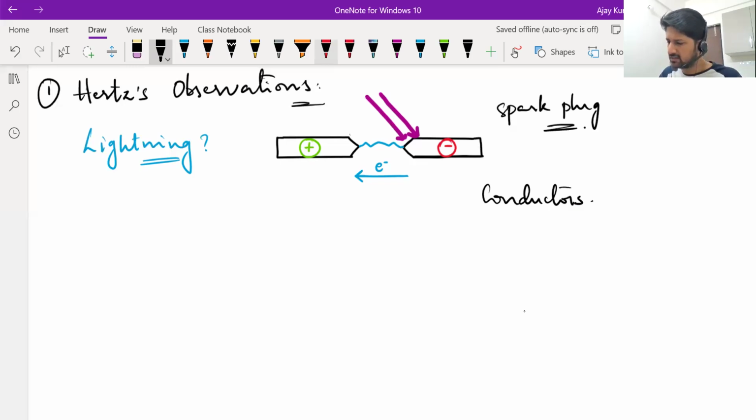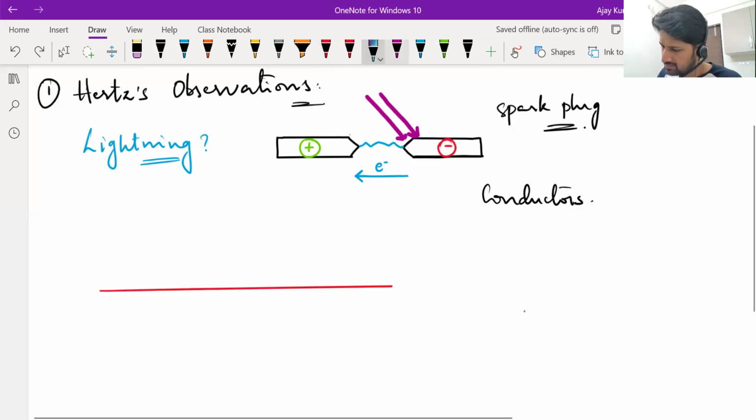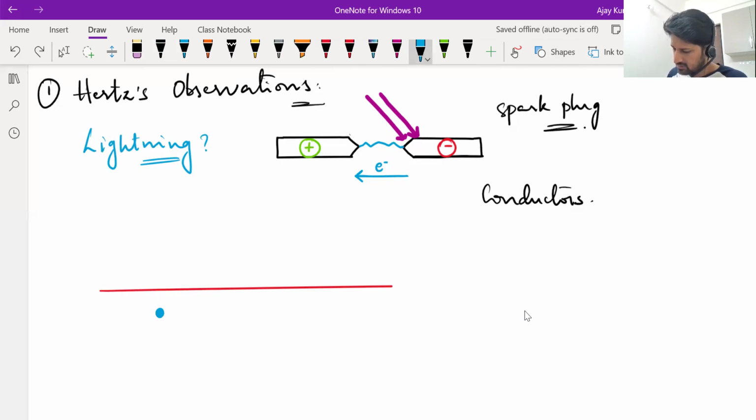You consider a conducting surface like this. Assume these are the free electrons which are free to roam around in the entire conducting material.